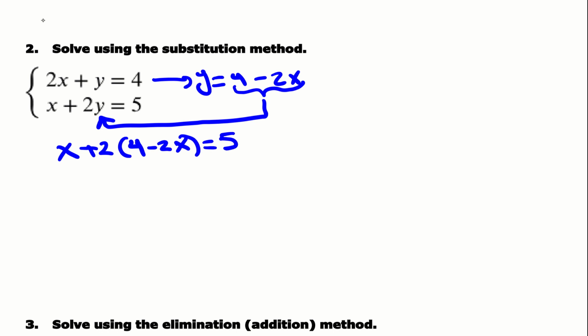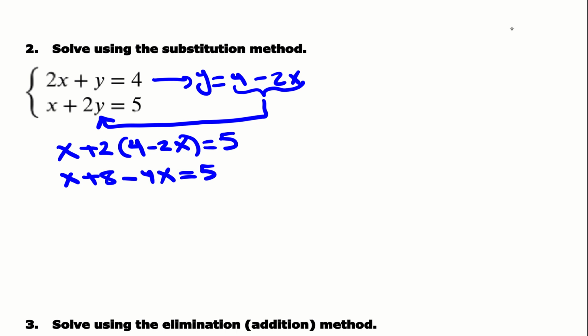equals 5. So the beautiful thing is that we took a system of two equations in two unknowns, and using a clever substitution, we turned it into a single equation with one unknown, which of course we know how to solve. That's just a simple linear equation. So we get x plus 8 minus 4x equals 5.